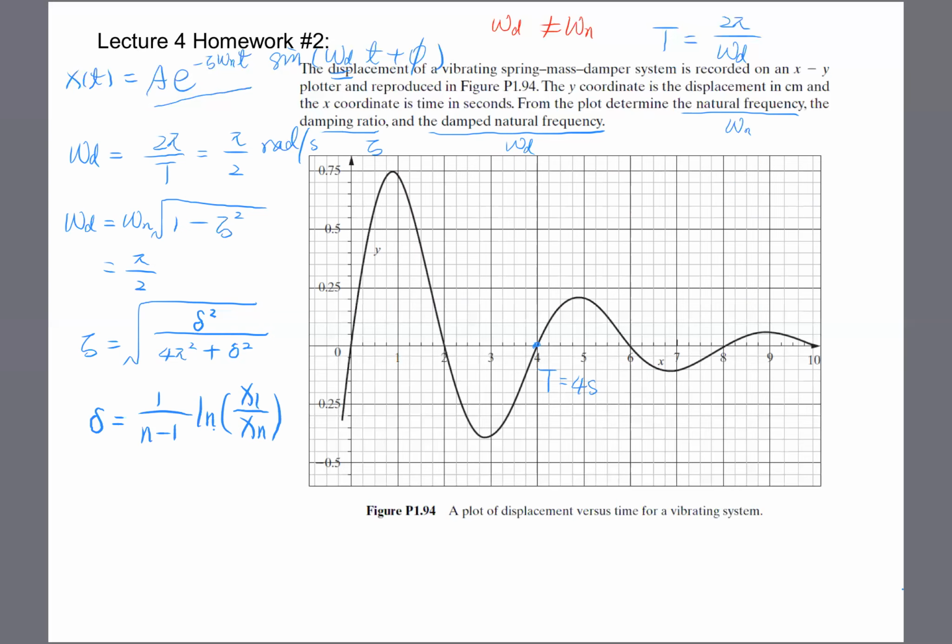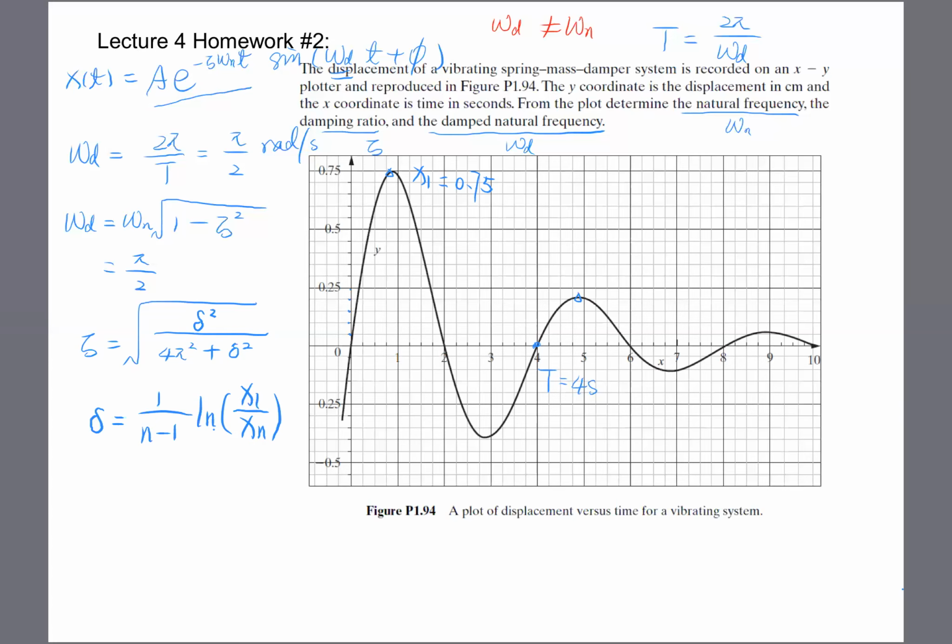So the first peak is here. The second peak is somewhere in here. So we know that your x1 is 0.75. Your x2 is, let's see, we have 1, 2, 3, 4, 5 steps.